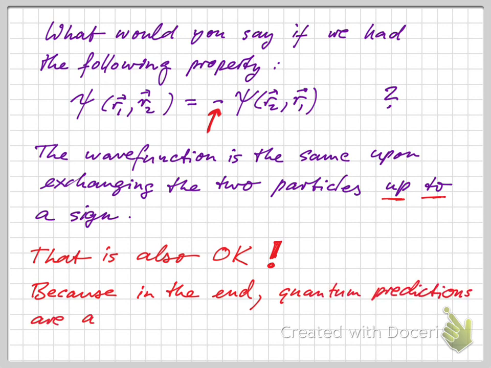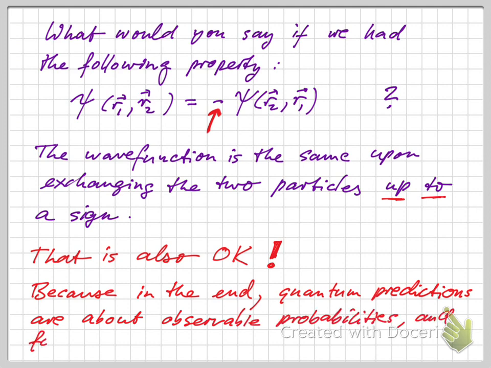You might have guessed it already, is that in the end, all we can really ascertain are probabilities. We can observe probabilities by repeating an experiment many, many times with identically prepared quantum particles. Okay, and then we get a sense of the probabilities involved. We cannot really measure the wave function directly. We usually only are sensitive to the probabilities.